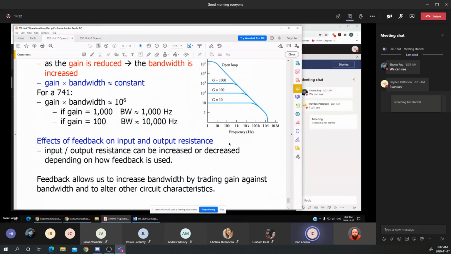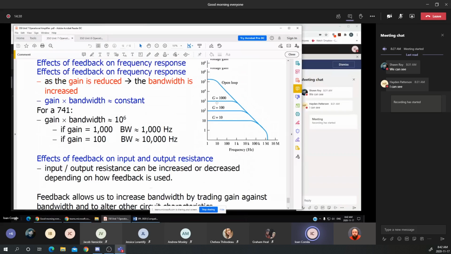One advantage again of lowering the gain, and I mentioned that not too many applications are using the open loop gain, which is 10 to power 4, 10 to power 5, or 10 to power 6.